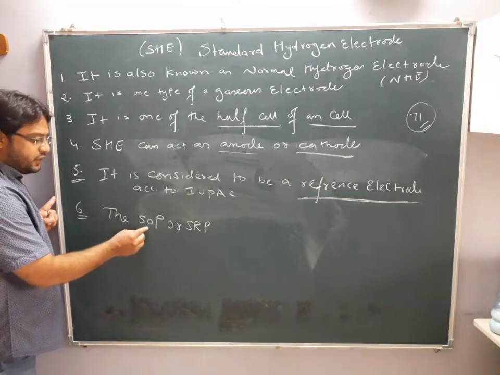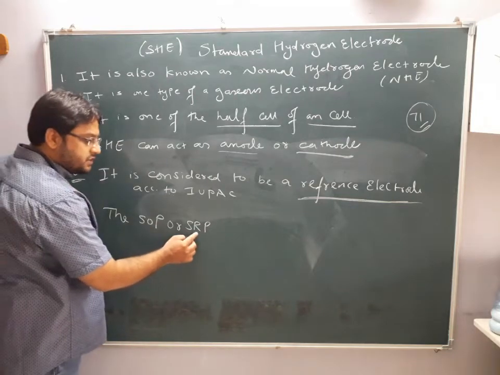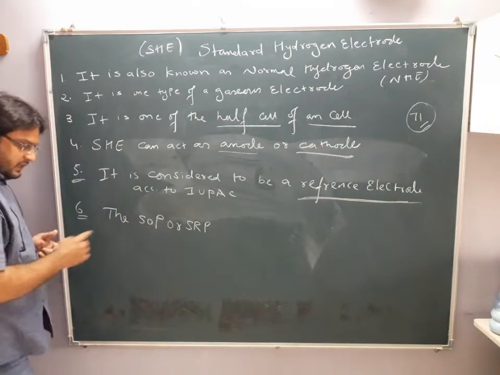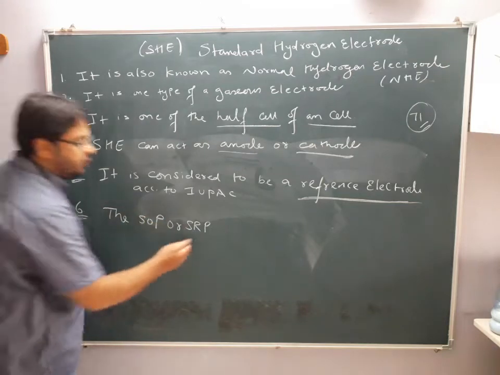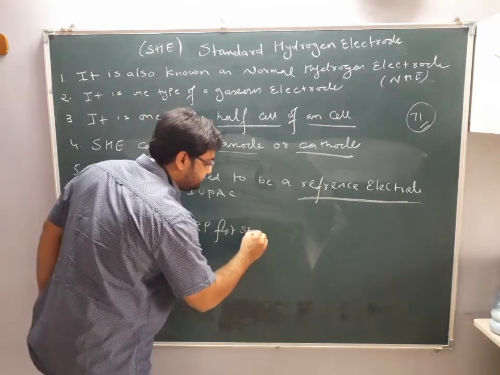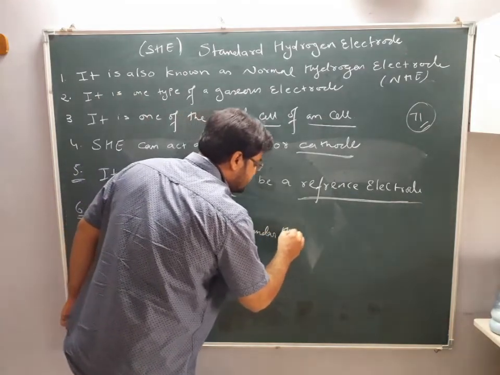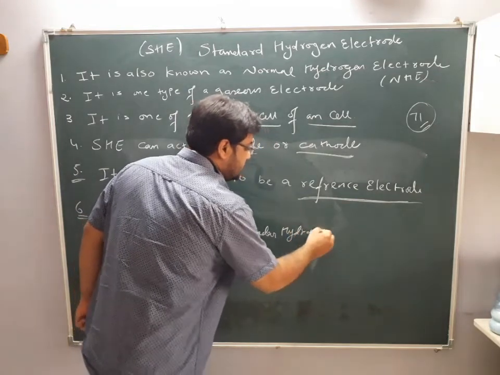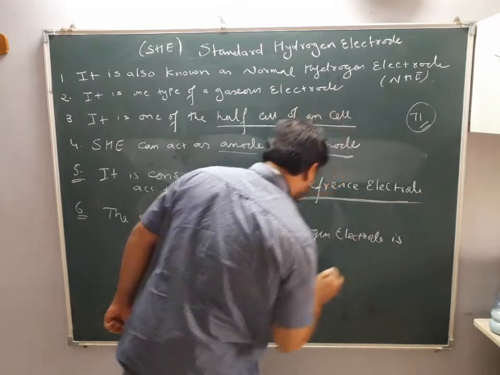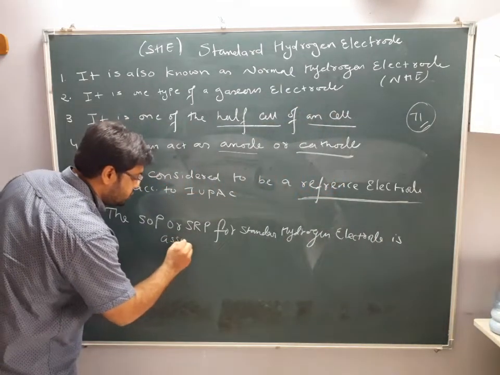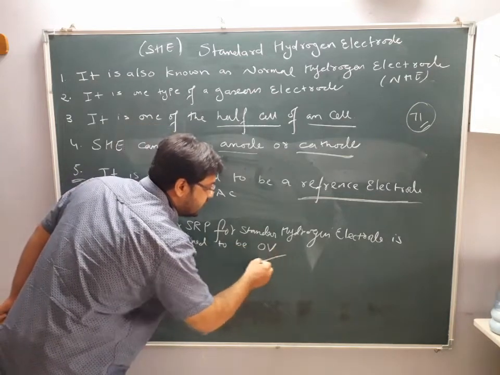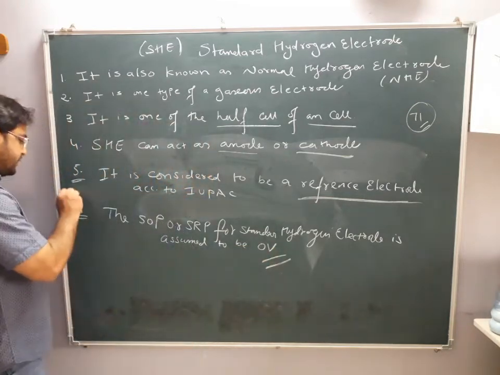The SOP or SRP for the SHE, that is standard hydrogen electrode, is assumed to be 0 volt. Please remember, this is a very important value.